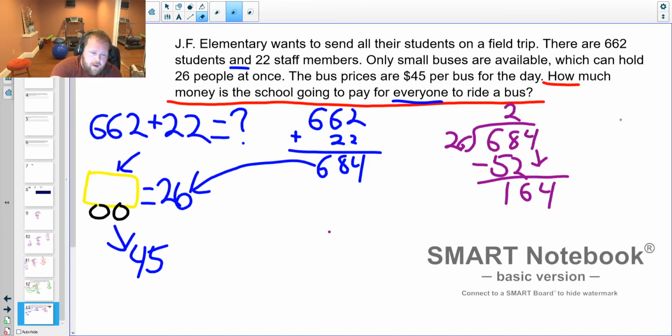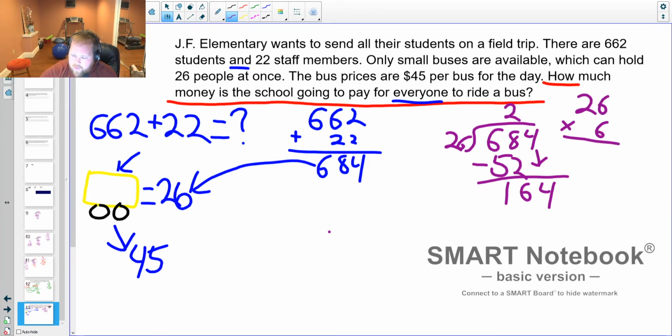Let's do it. 26 times 6 equals 6 times 6 is 36. Put the 3. 6 times 2 is 12. Plus 3 is 15. 156. So minus 156.